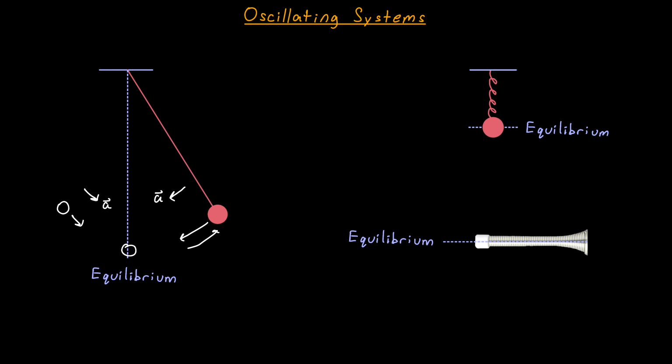Let's talk about a couple other examples that behave really similarly to the pendulum. For example, this doorstop on the bottom right has an equilibrium position when it's perfectly perpendicular to a wall, but if you were to flick it up so that the doorstop is in this position, there would be some sort of restorative force that pushes it back towards the center.